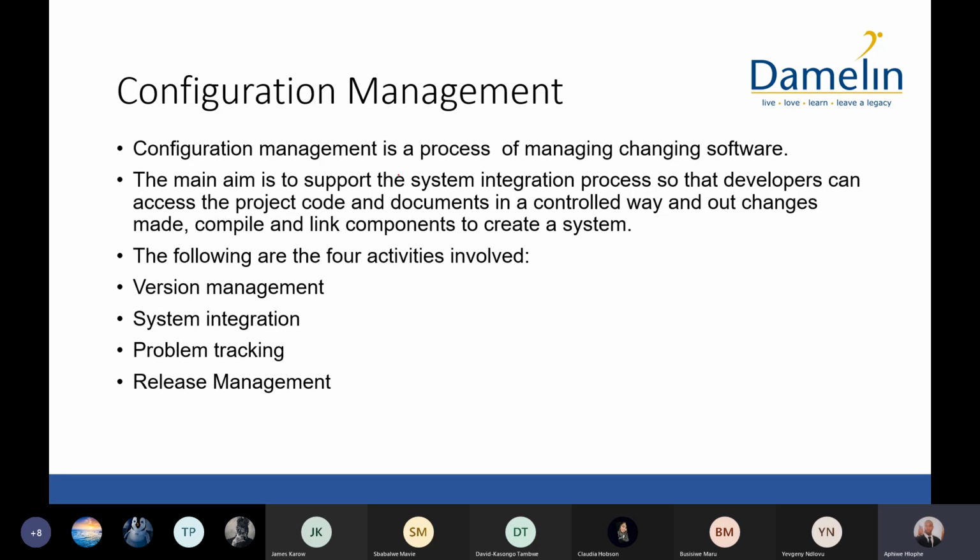The main aim is to support the system integration process so that developers can access the project code and documents in a controlled way, make changes, and compile and link components to create a system. The following are 4 activities involved, okay? The activities that form part of configuration management or change management are version management, system integration, problem tracking, and release management.